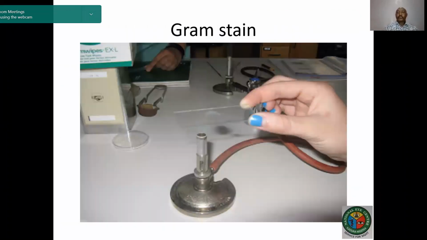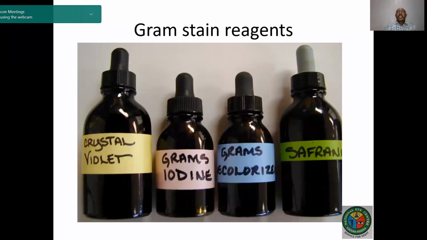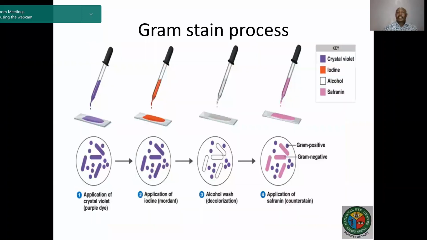For Gram stain, we are supposed to remind ourselves of the basic principles. Usually, the slides have the scraped material mounted on them and heat fixed, and then crystal violet is applied, and thereafter it is washed, and then iodine is applied.